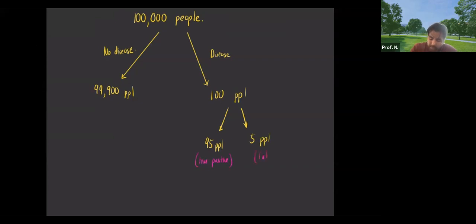And then of those 99,900 people that don't have the disease, how many will test negative? Well, if you multiply by 0.95, there are 94,905 people that will be a true negative. They truly don't have the disease and therefore they have a negative result.